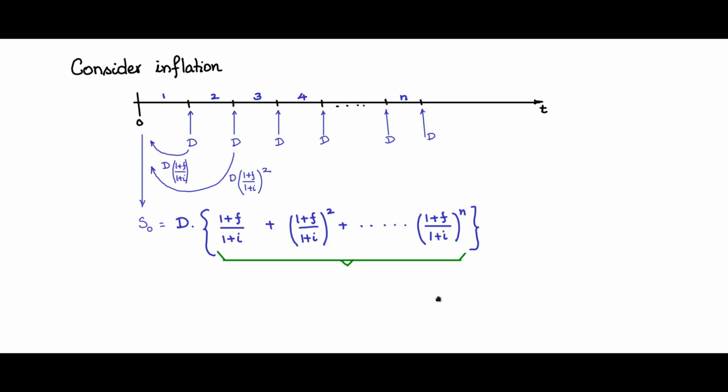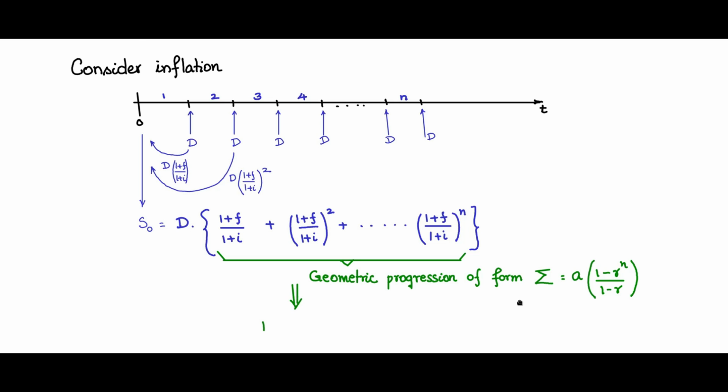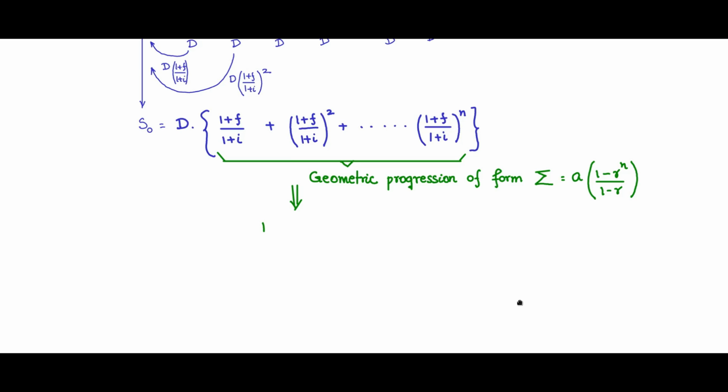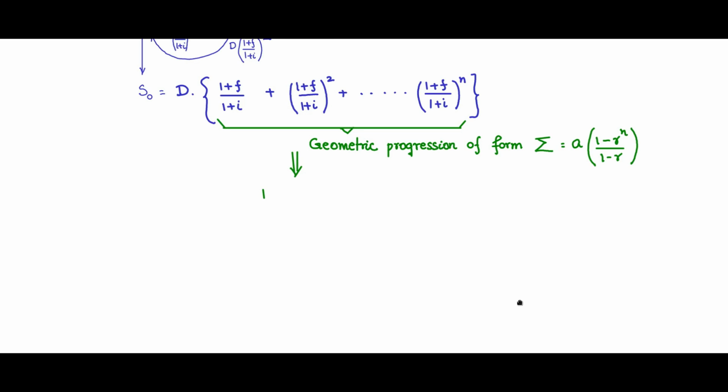So this again is a geometric progression, where the sum to n terms is a into 1 minus r to the power of n by 1 minus r. Here a is 1 plus f by 1 plus I, which is the first term, and r is the common factor, 1 plus f by 1 plus I. This can be simplified as 1 plus f by I minus f, into 1 minus 1 plus f by 1 plus I whole to the power of n.